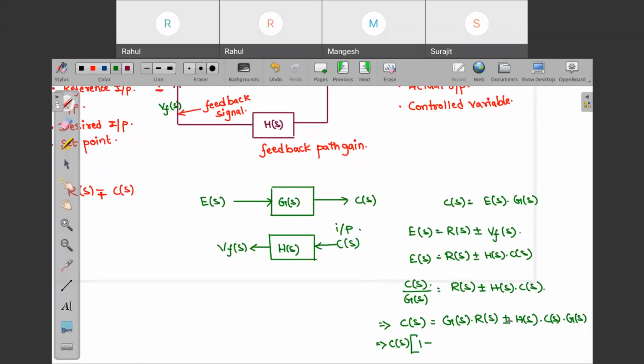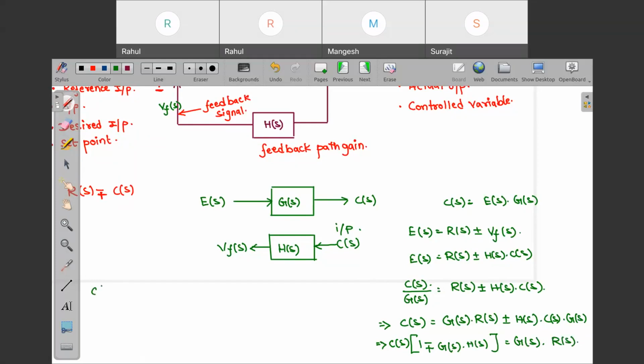It was previously plus minus: plus for positive feedback and minus for negative feedback. Now this becomes minus plus G(s)H(s), is equal to G(s) into R(s).